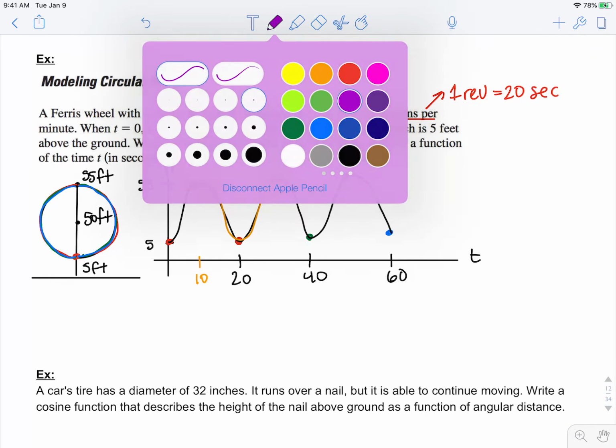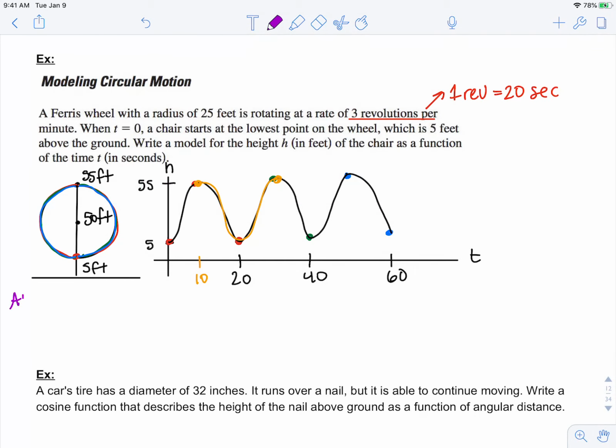So in order to calculate this function, I need my amplitude, which is high minus low over 2, 55 minus 5 over 2, which is 25.